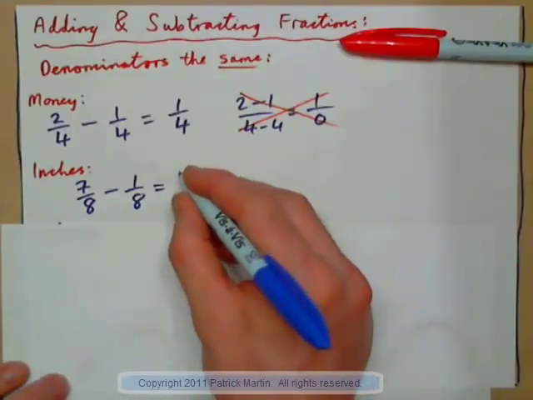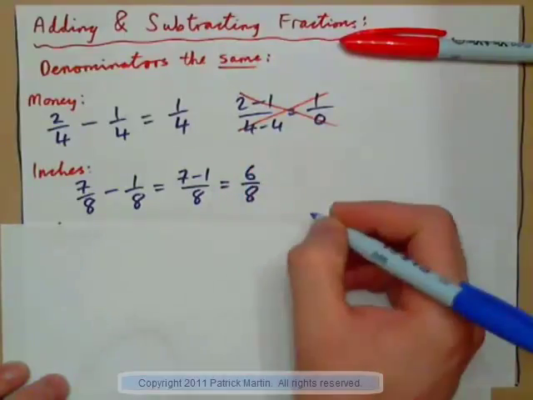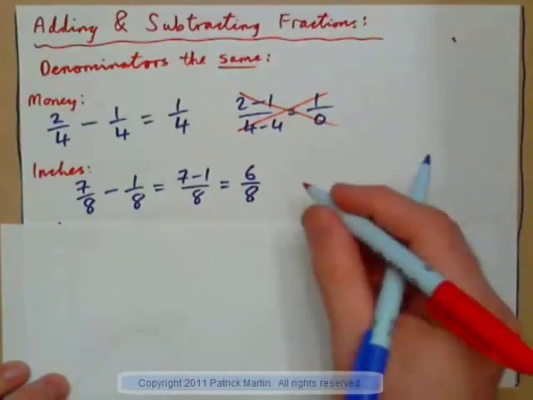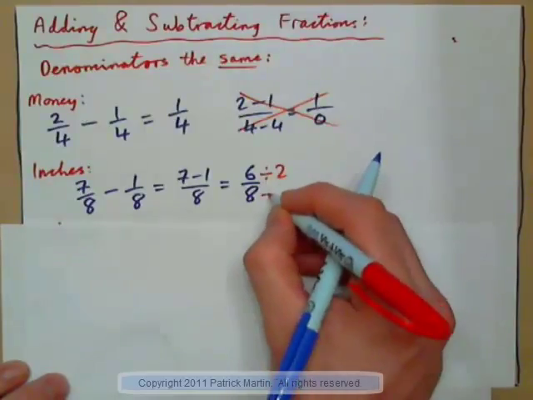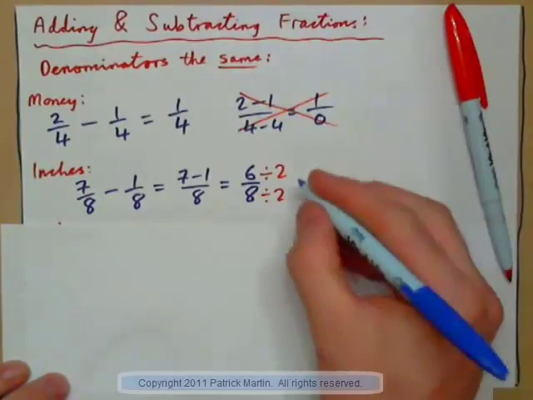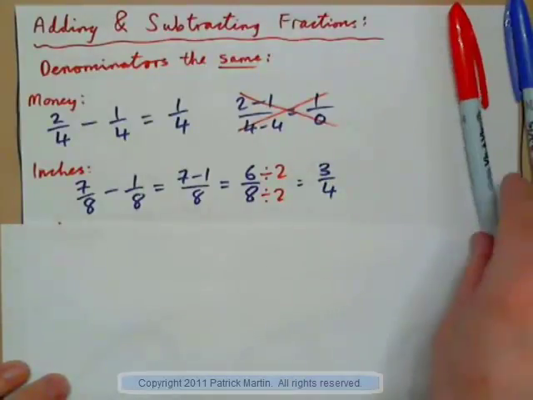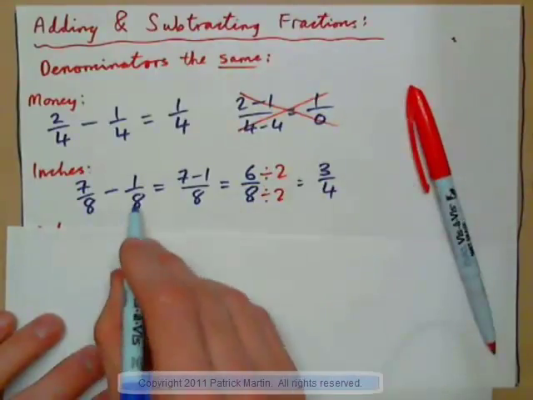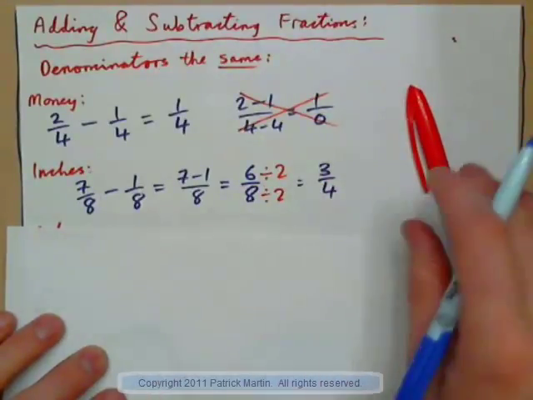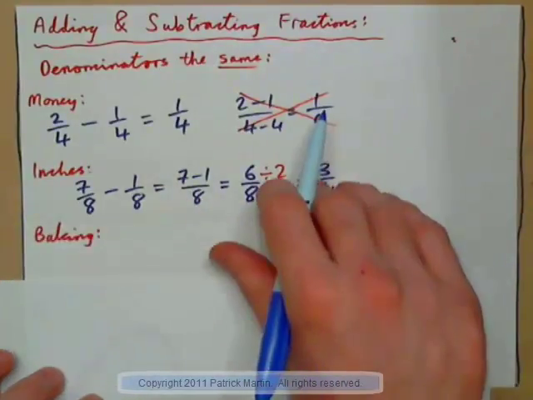That would be 7 minus 1 over 8, wouldn't it? 6/8. And we can put that in lowest terms. Divide the top by 2, divide the bottom by 2, and we get 3 quarters, right? So again, when the bottoms are the same, we can combine the tops. And that's the strange thing about fractions when you're adding and subtracting them.